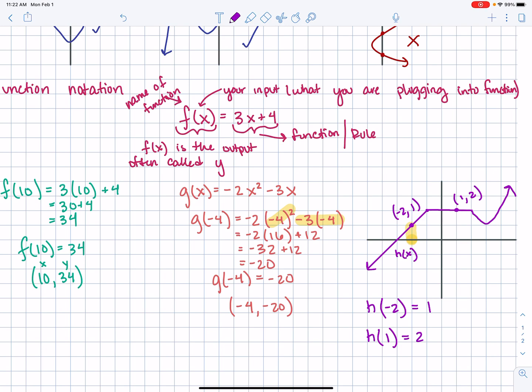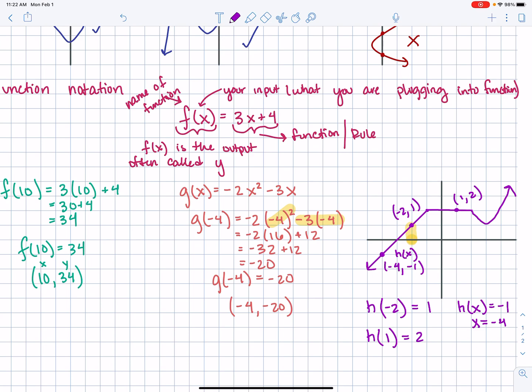So I would ask, what is x when h of x is equal to negative 1? So when the output is negative 1, we can see right here, here's an output of negative 1. The point is negative 4, negative 1. So x is equal to negative 4 when the output is negative 1.